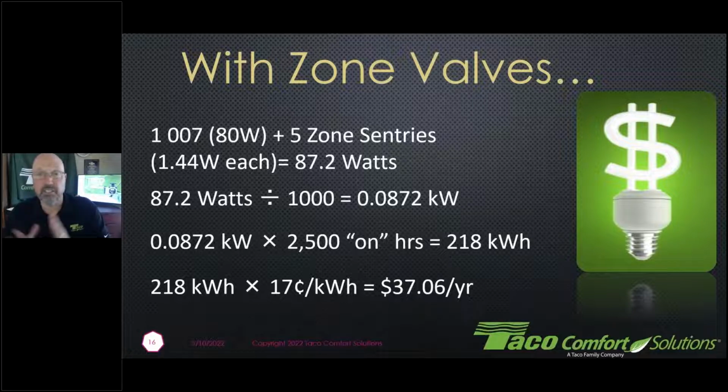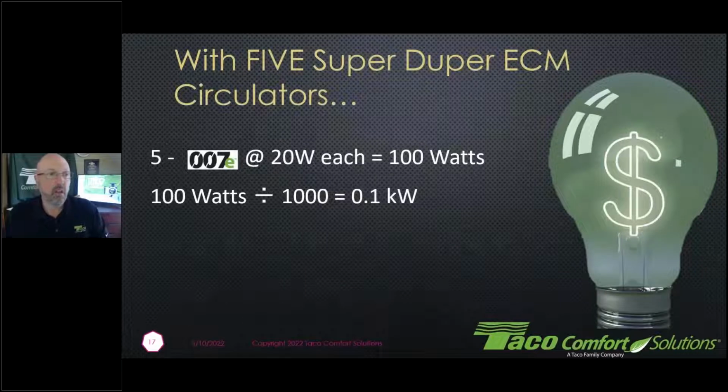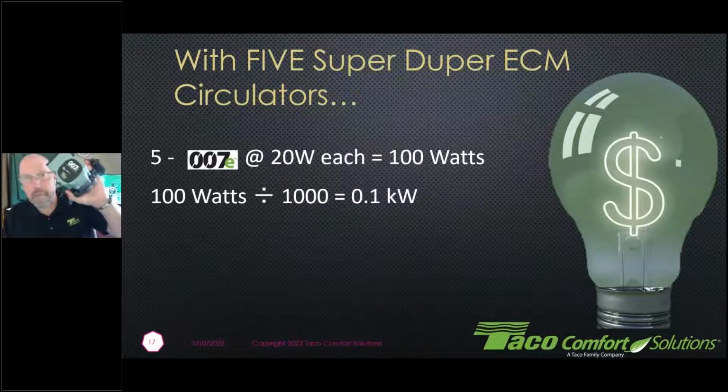Obviously, do the math as we have shown you in so many other classes. But now, hey, I'm still all about, I don't want to spend any more extra kilowatts. So let's put in the 007E, like this one here. And like I said before, this is a maximum of 44, but it goes down to a low of 4 watts of power.